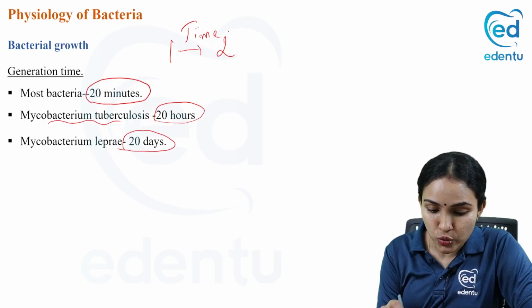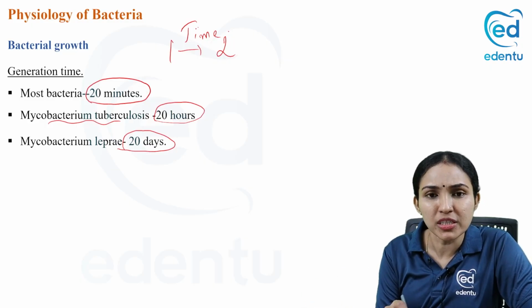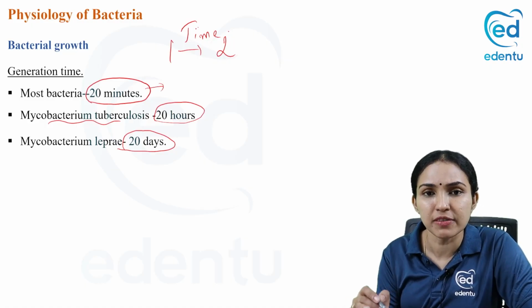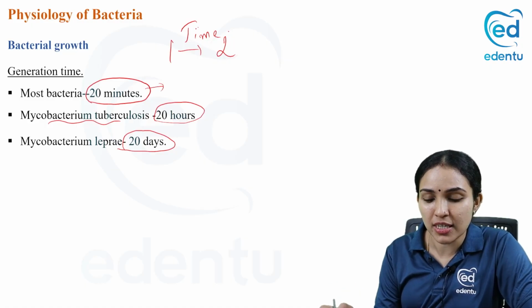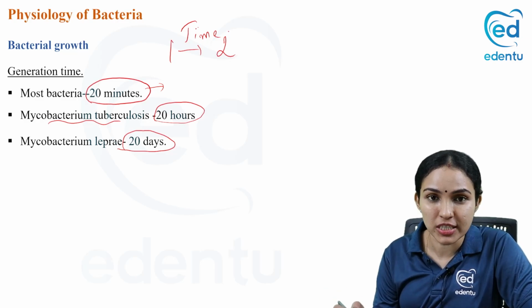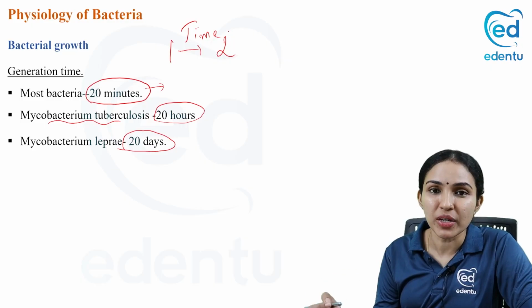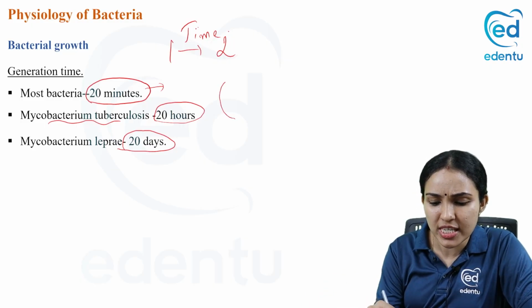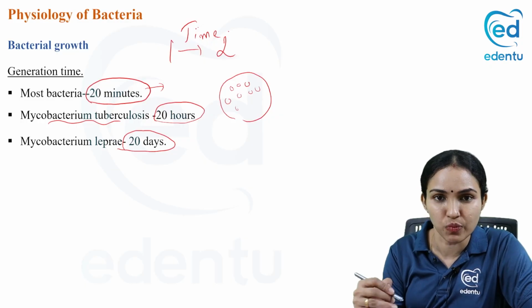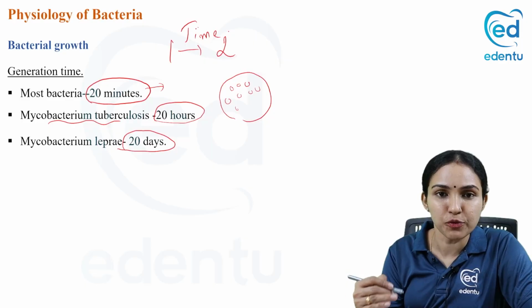Okay. So why is this important? This generation time. In general, if a bacteria divides into two in 20 minutes, a normal bacteria, when you do culture in the lab, after 12 to 18 hours you can get a visible growth in the form of colonies. So in the culture plate, you will see bacterial colonies when they divide and form colonies.